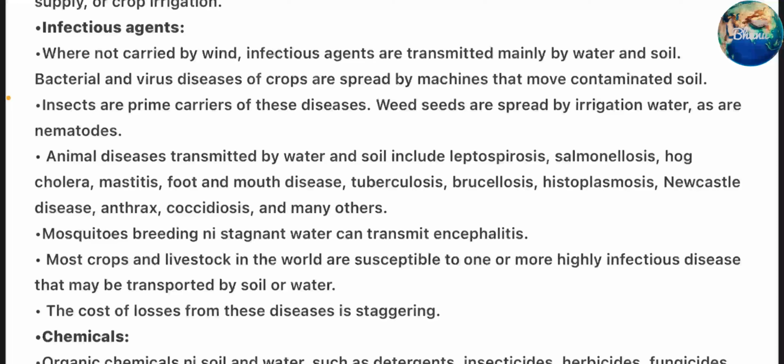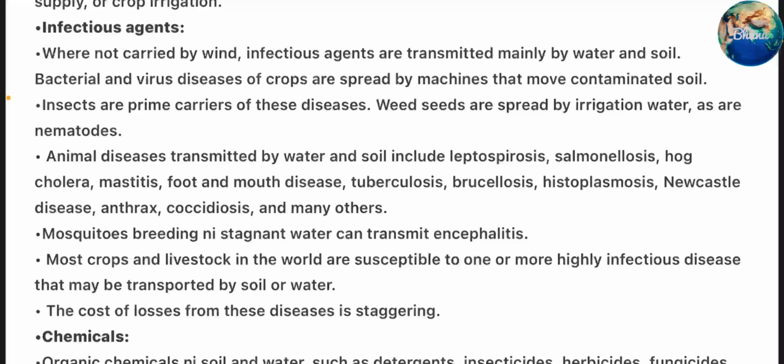Animal diseases transmitted by water and soil include leptospirosis, salmonellosis, hog cholera, mastitis, foot and mouth disease, tuberculosis, brucellosis, histoplasmosis, Newcastle disease, anthrax, coccidiosis, and many others.